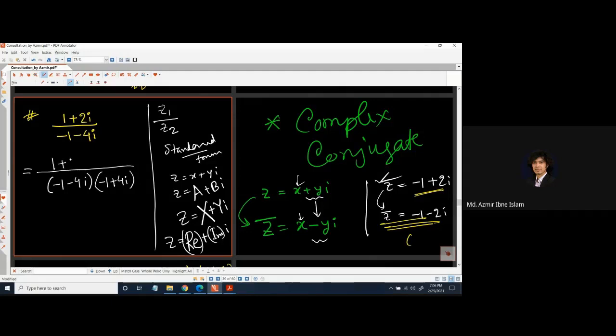To balance the equation, we have to multiply the same portion in the numerator, 1 plus 2i. Now you have to simplify the denominator, and you can simplify the numerator. Finally, your target is to reach the a plus bi form. Let me show from here.